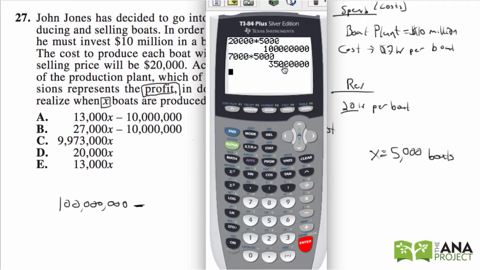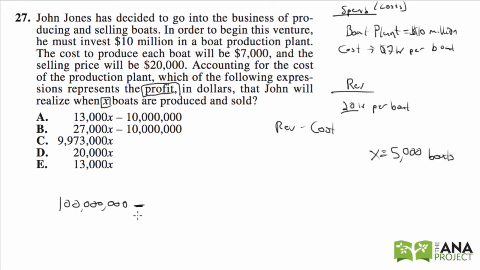So that's $35 million in cost of producing the boats. So this is how much we made selling, but we have to subtract the cost to produce the boat. And don't forget about the cost of the boat plant, minus 10 million.